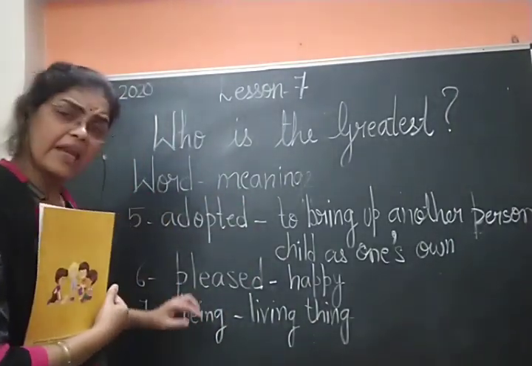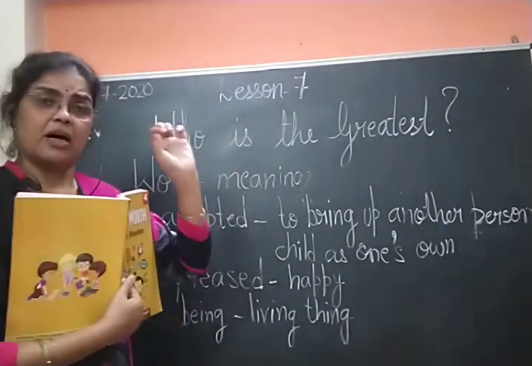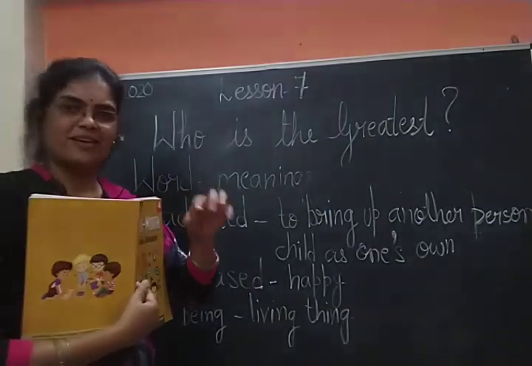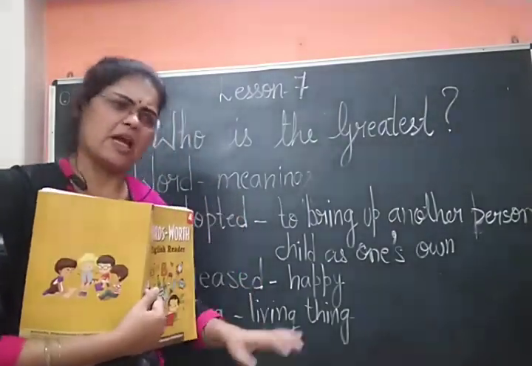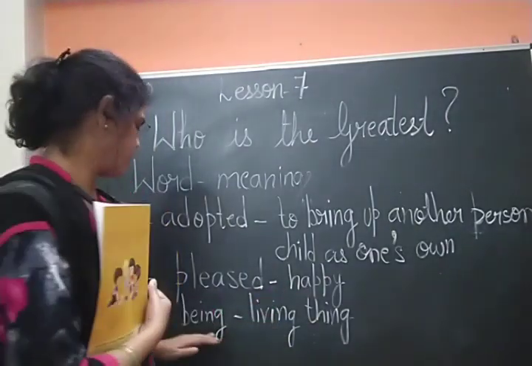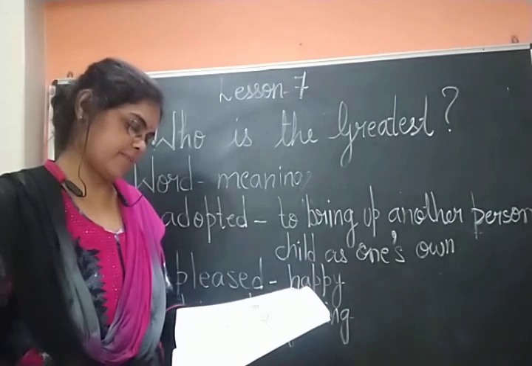So an ant is also a being, a tree is also a being, a monkey is also a being, a duck is also a being, a fish is also a being.